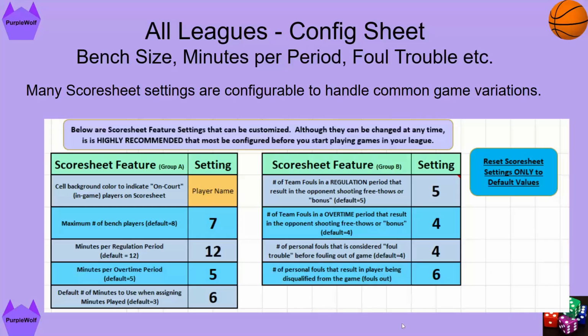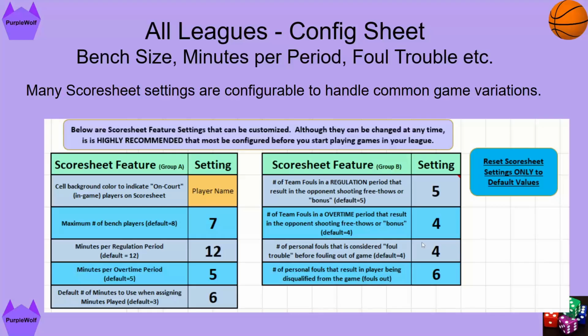The last 2 here have to do with personal fouls. This first one is, what's the threshold for somebody being considered in foul trouble? This is just a score sheet configuration option: once the player reaches this number, his personal foul cell will change color to indicate that they're in foul trouble.